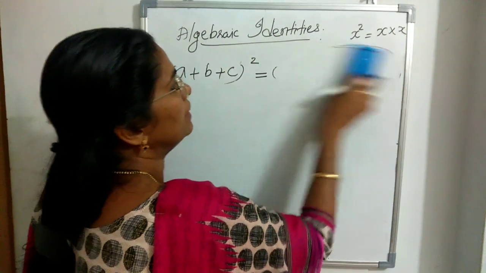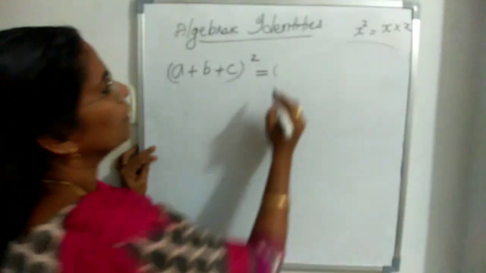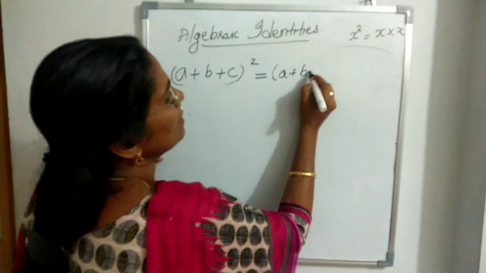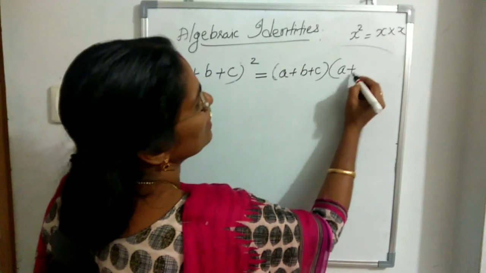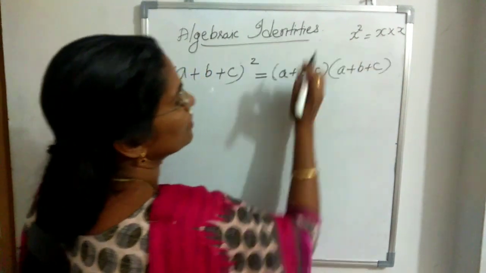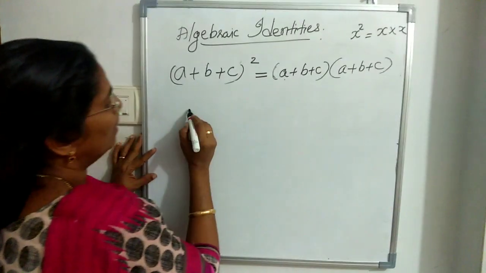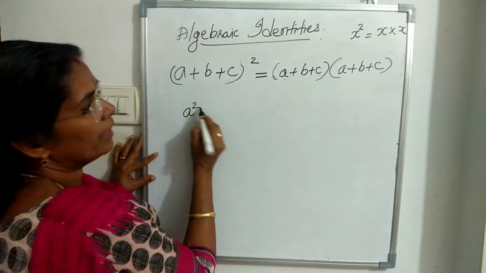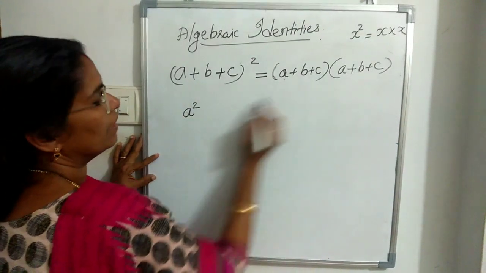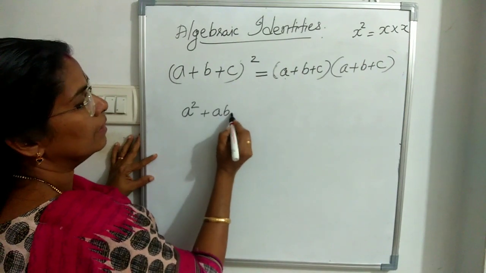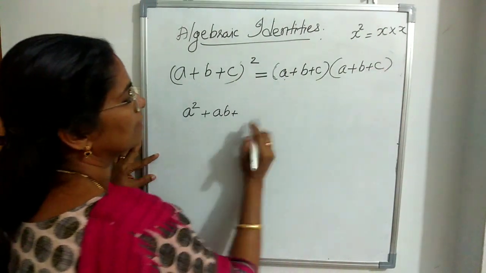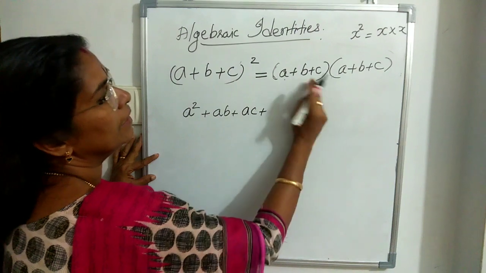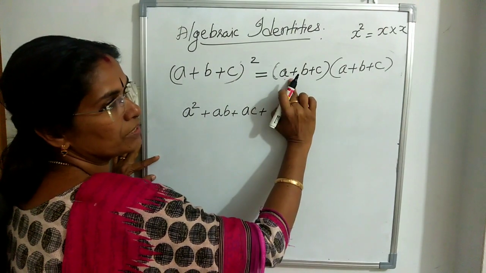One more time I am writing (a plus b plus c) into (a plus b plus c). First we have to multiply a with a. Answer becomes a square. A with b, plus ab. Next a with c, ac. The first part is over.